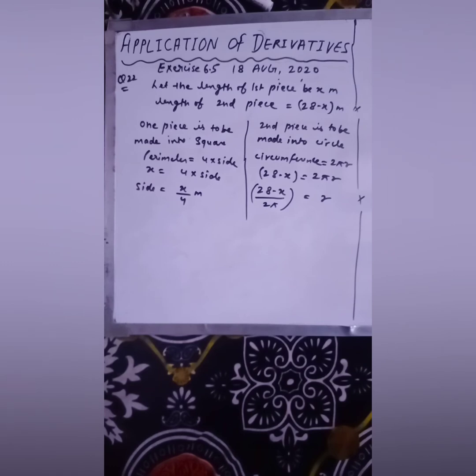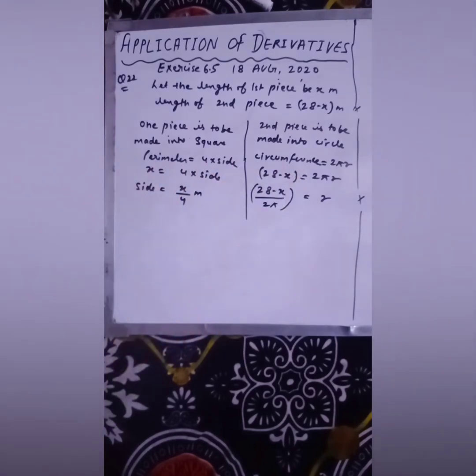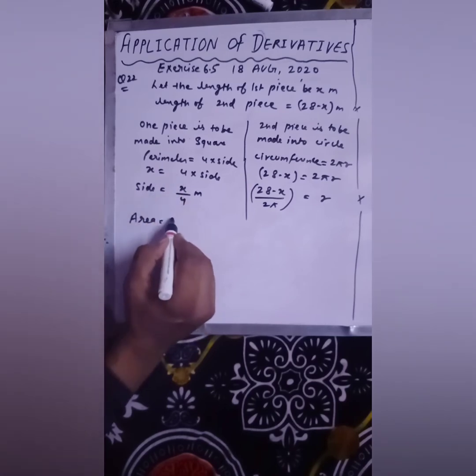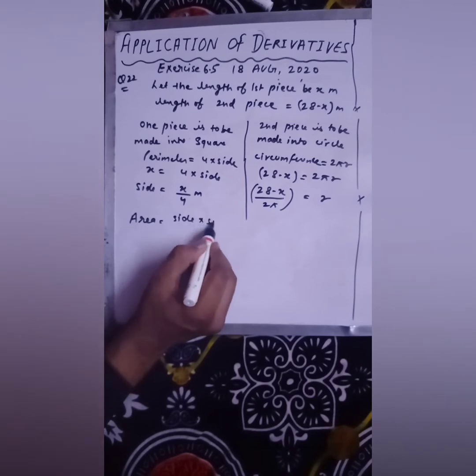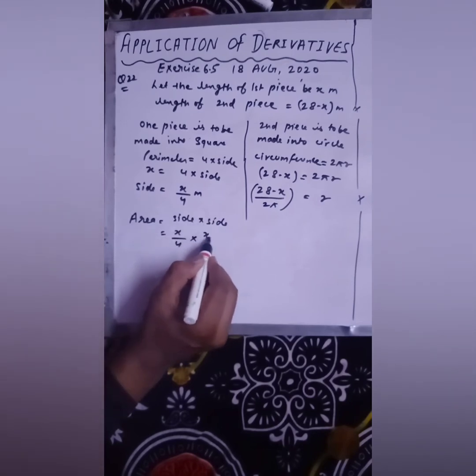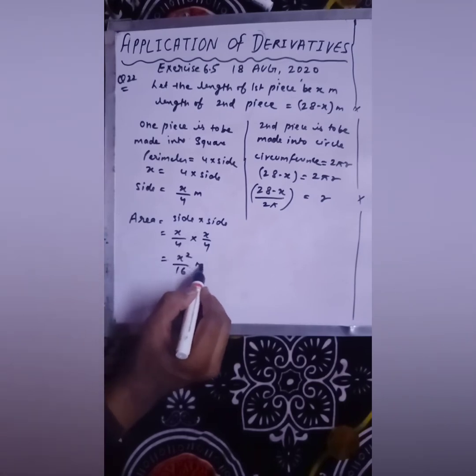Now we have to prove that the combined area, that is the area of the square and the area of the circle, is minimum. So here I'm going to find the area. The area of the square is side into side, so that would be x by 4 into x by 4, which gives x square by 16 meter square.